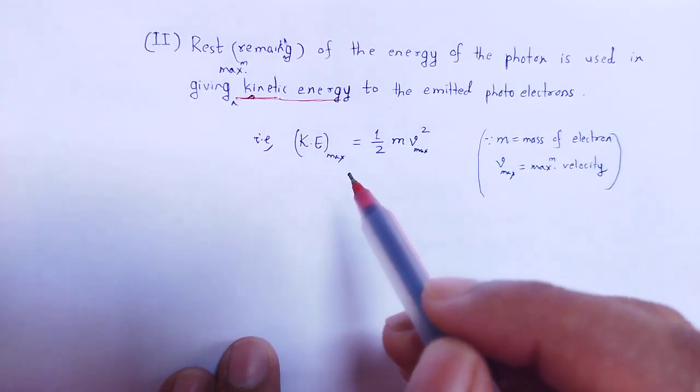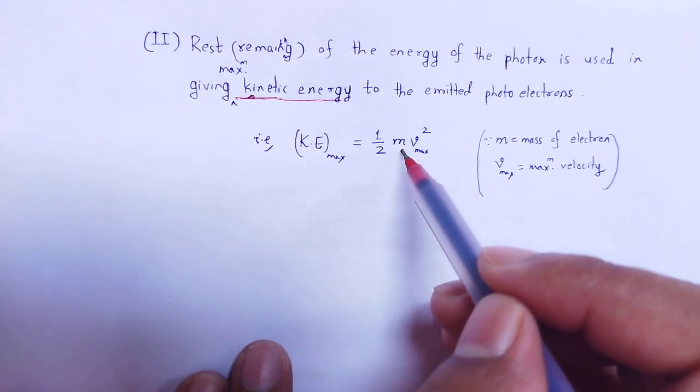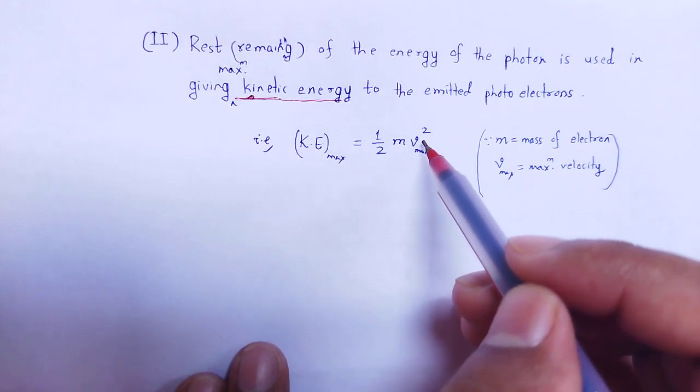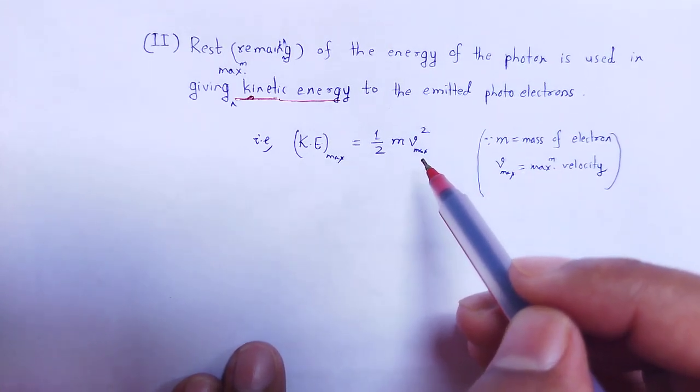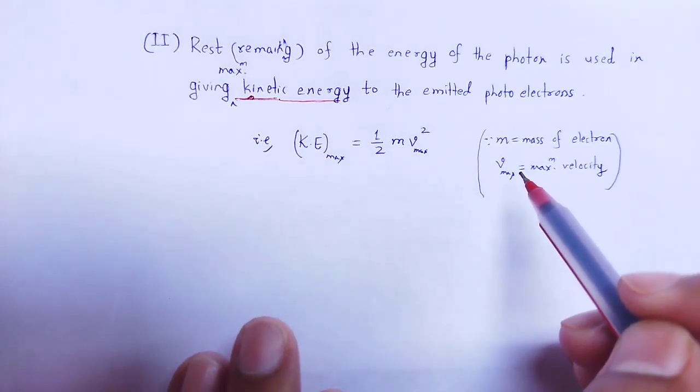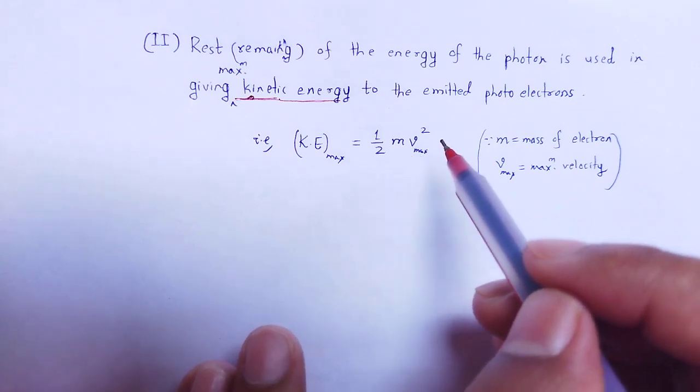Maximum kinetic energy is given as half m v max square, where m is the mass of the electron and v max is the maximum velocity acquired by these electrons.